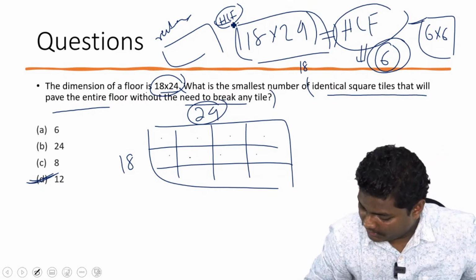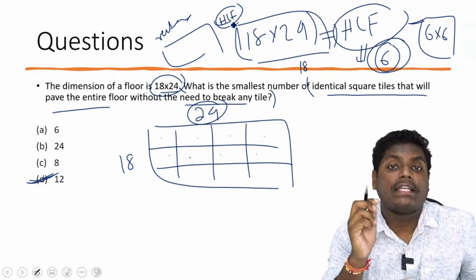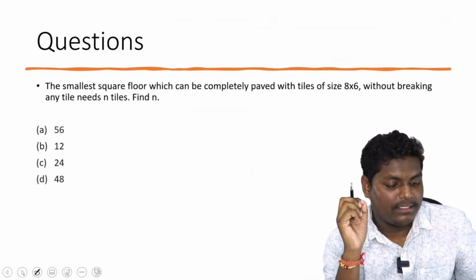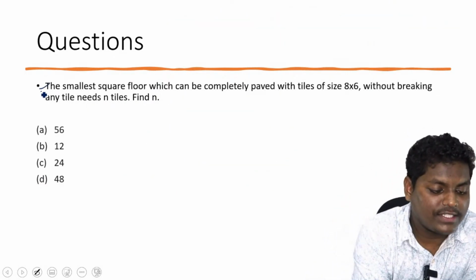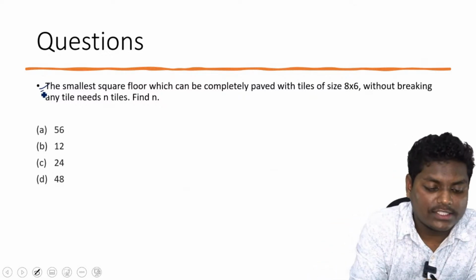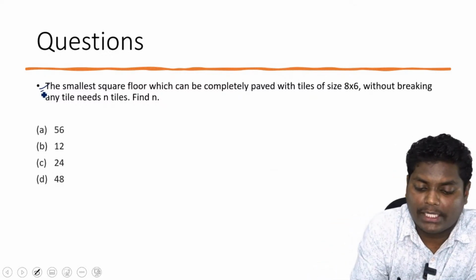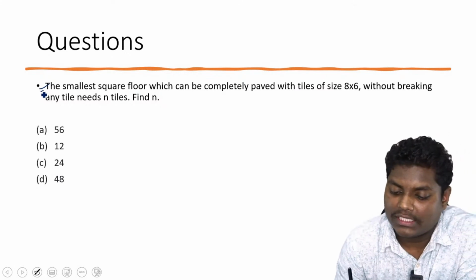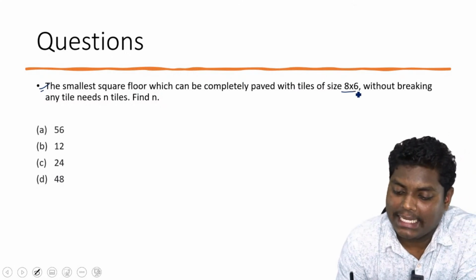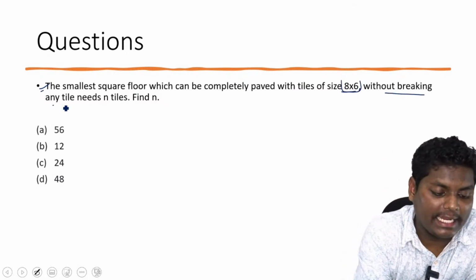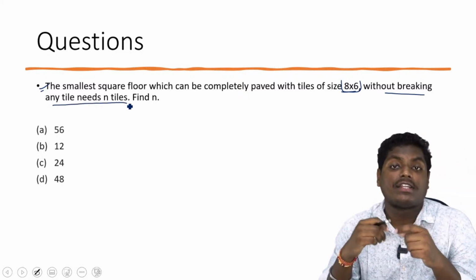Great. Moving to the next question, which is a variation of this. The smallest square floor which can be completely paved with tiles of size 8 cross 6 without breaking any tile. Now you understand the question. It is reversed.